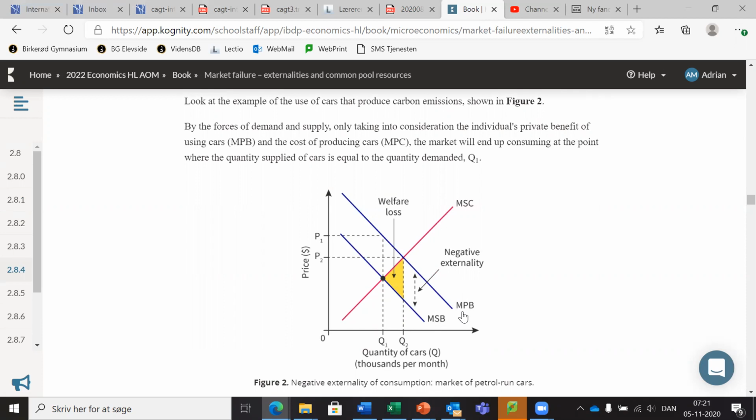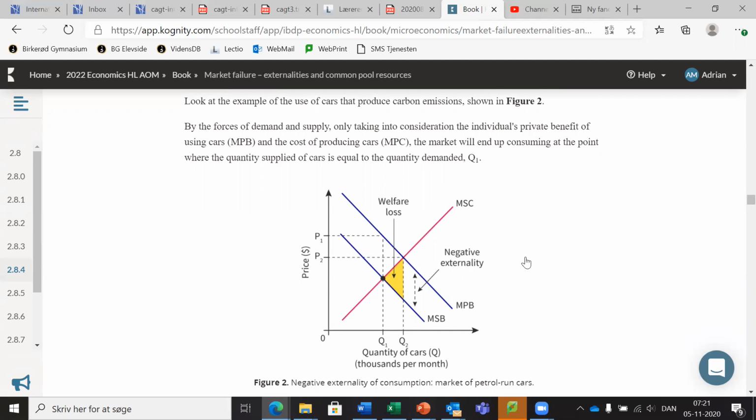You only take into account your own private benefit. You get here quicker, etc. You're willing to pay more for driving than a train. So the MPB is above the marginal social benefit, because if you took into account the benefit to society, you would not have this high of a demand. You'd have a lower demand.